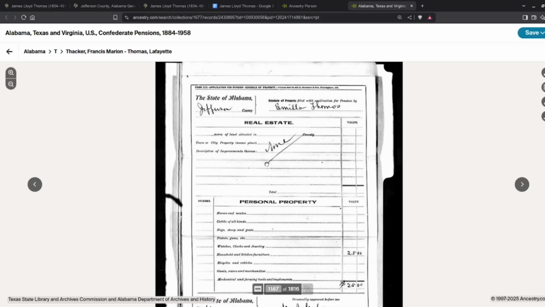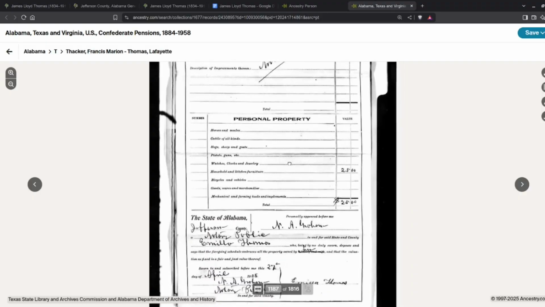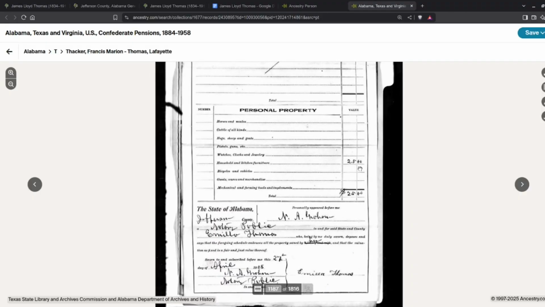So it makes me wonder if they ever owned real estate, and it's possible they might have for a short time, or they never did, and they just rented. And their personal property was only worth $25, and that was household and kitchen furniture. So they didn't have any valuables, they didn't have any animals, and they are older at this point, and so it's possible that they could have just passed on whatever farm they had to children.